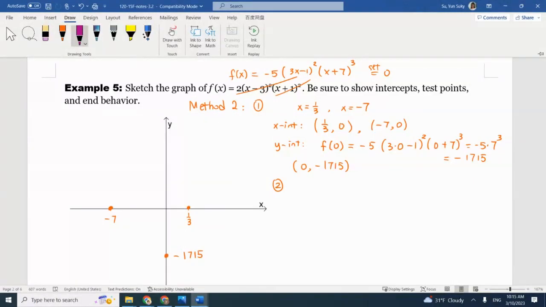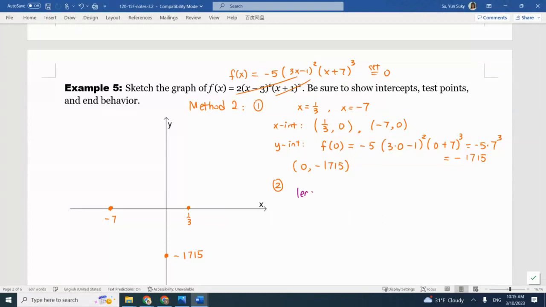Now, what do we do? We look at the leading coefficient. If the leading coefficient is positive, then we start with the right upper corner. If the leading coefficient is negative, we start with the right lower corner.